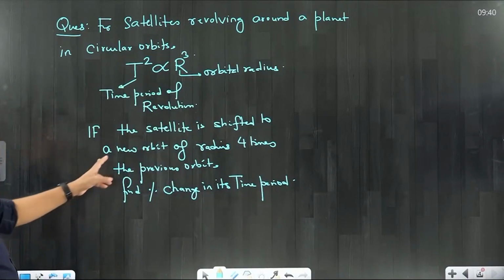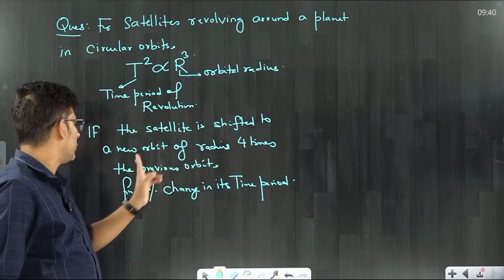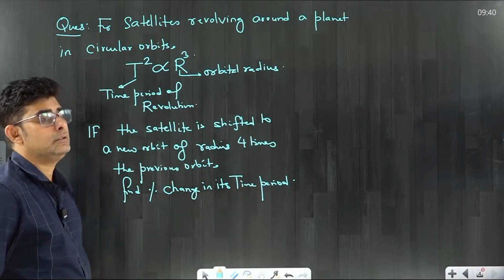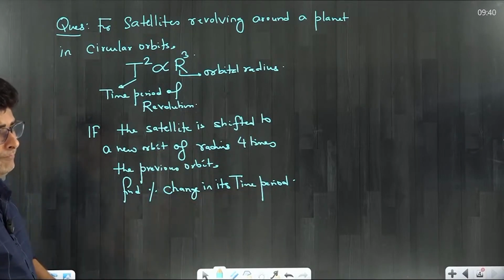If the satellite is shifted to a new orbit of radius 4 times the previous orbit, find the percentage change in its time period. This is the question.